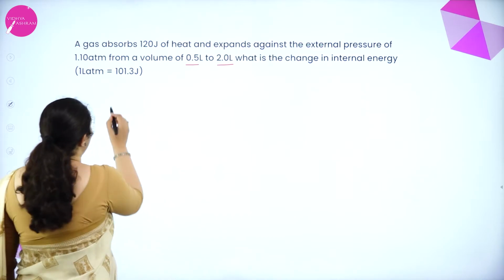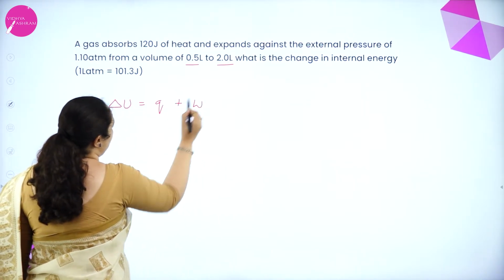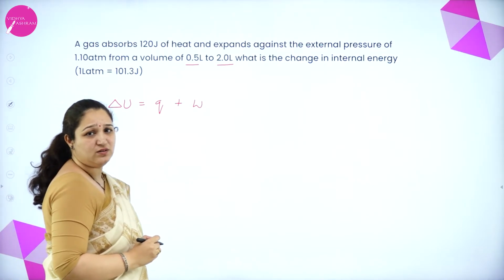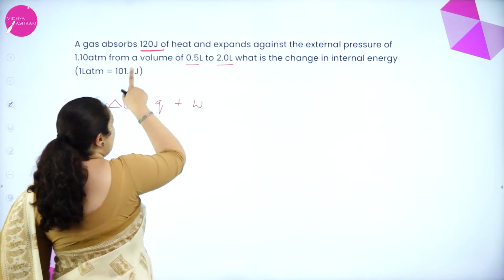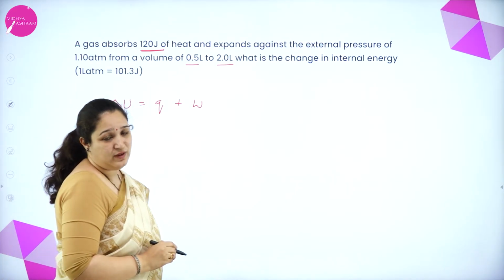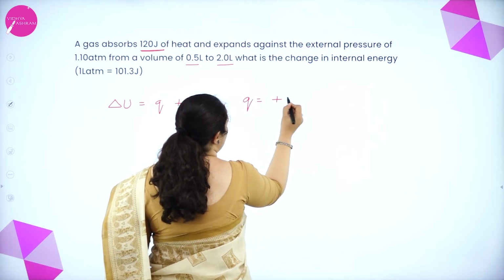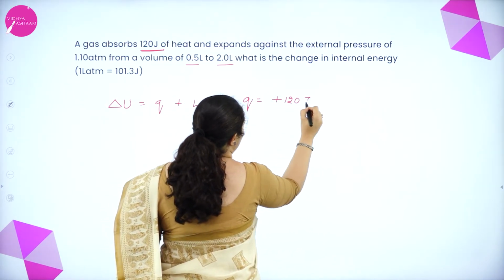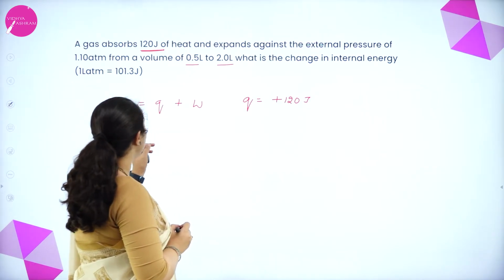From the first law we know that delta U is equal to Q plus W. Now here Q we know. The gas absorbs 120 joules of heat. So Q absorbs means it is plus 120 joules. Correct? Next, the volume change is given.